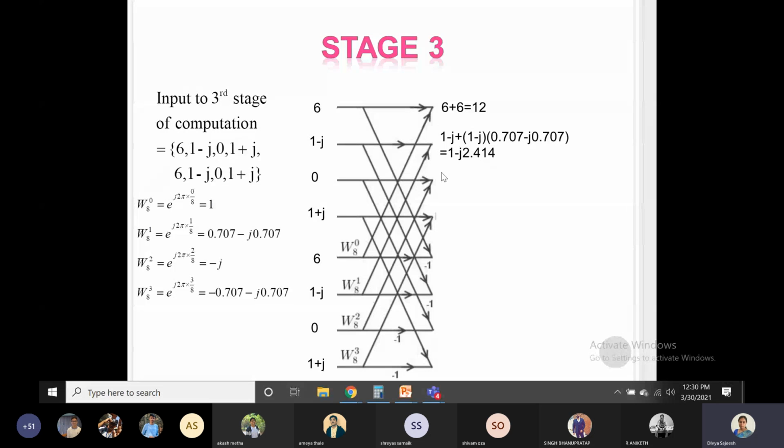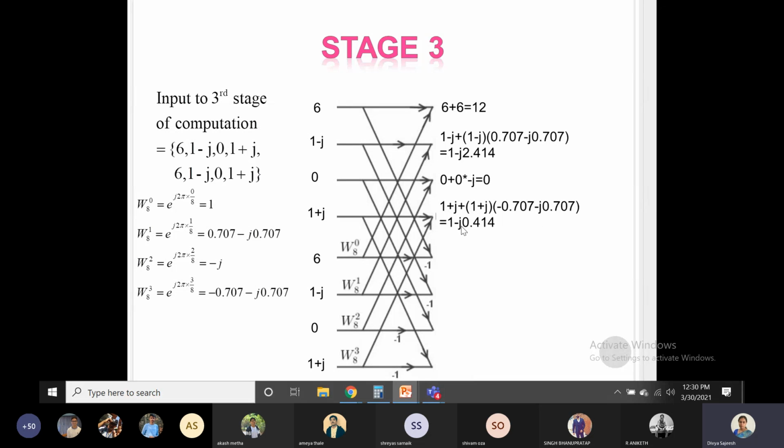Now similarly for the third also, it is 0 here, and in the other path also it is 0 here. So multiplication with 0 will finally result in 0 only. The next one is 1 plus j plus, what is the other path? 1 plus j into W8 raised to 3.